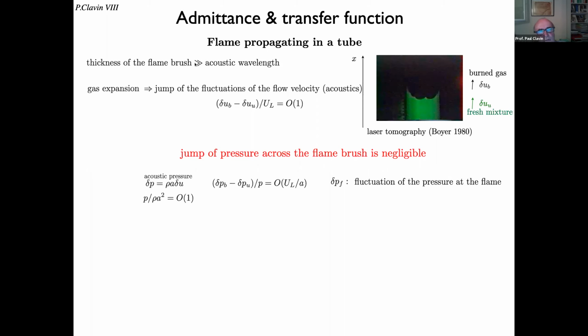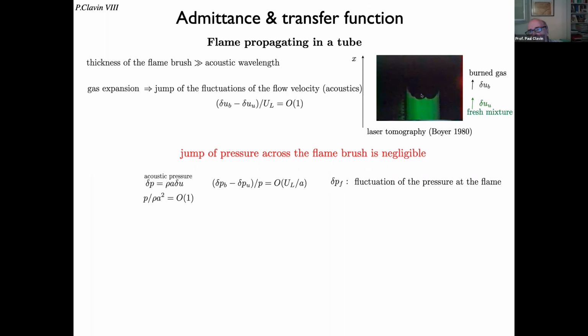The thickness of the flame brush is much smaller than the acoustic wavelength. So in that case, the whole flame can be considered a discontinuity for the acoustic wave. And because of the gas expansion, there is a jump of the fluctuating velocity.